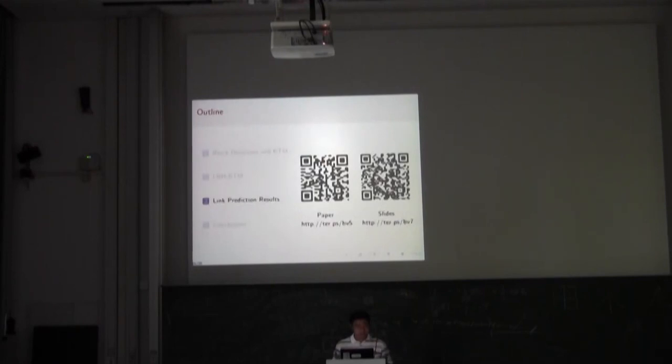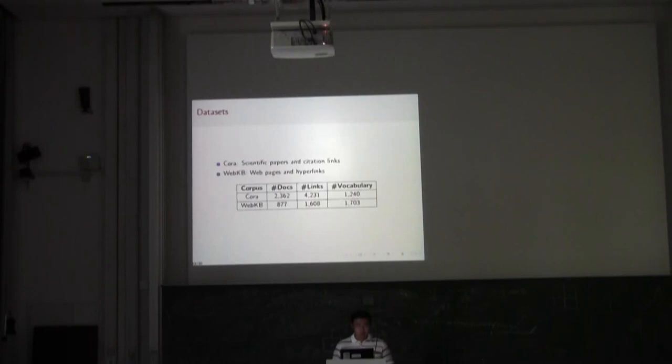Okay, so then I'm going to apply the model to perform the link prediction tasks. We have two data sets. The first is Cora, which is a scientific paper data set with citation links, and a WebKB data set, which is web pages with hyperlinks.